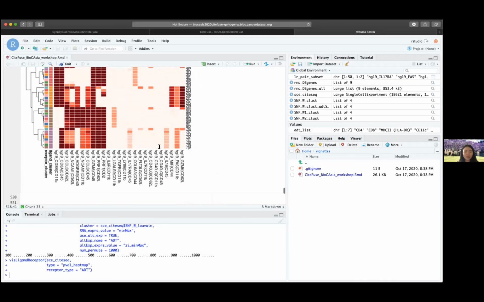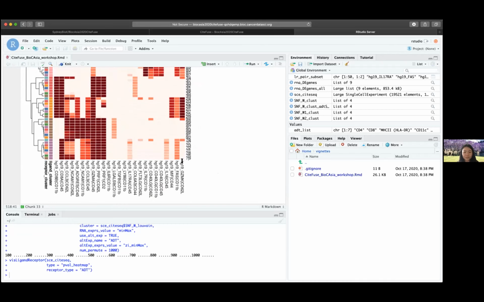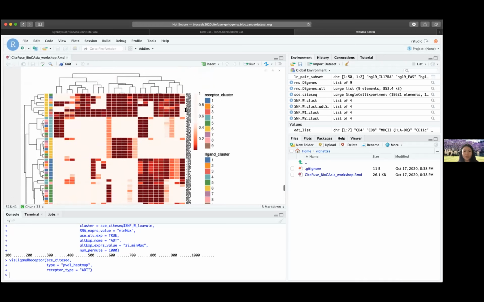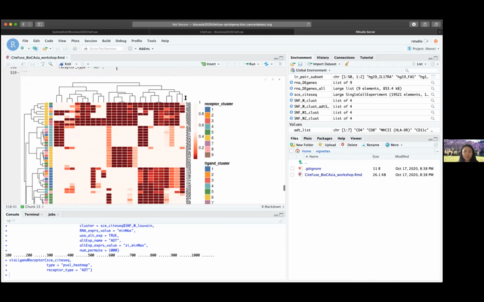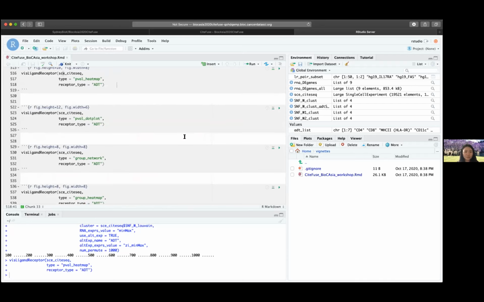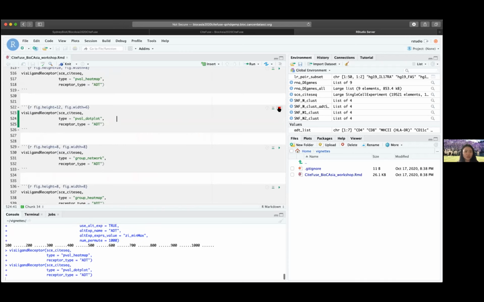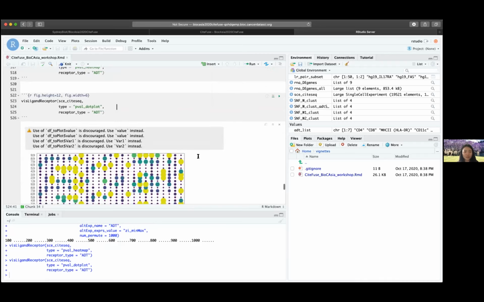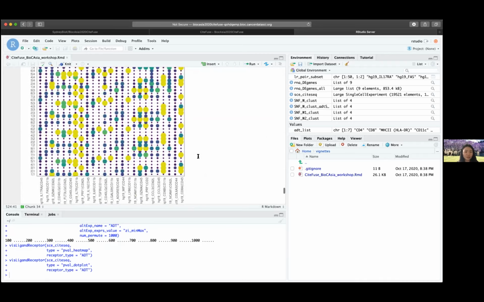The columns indicate the ligand receptor pairs. For example, this ligand receptor is significant in quite a lot of the cell type pairs. We also have other kinds of visualization. If you click on each of them, you can see different visualizations.